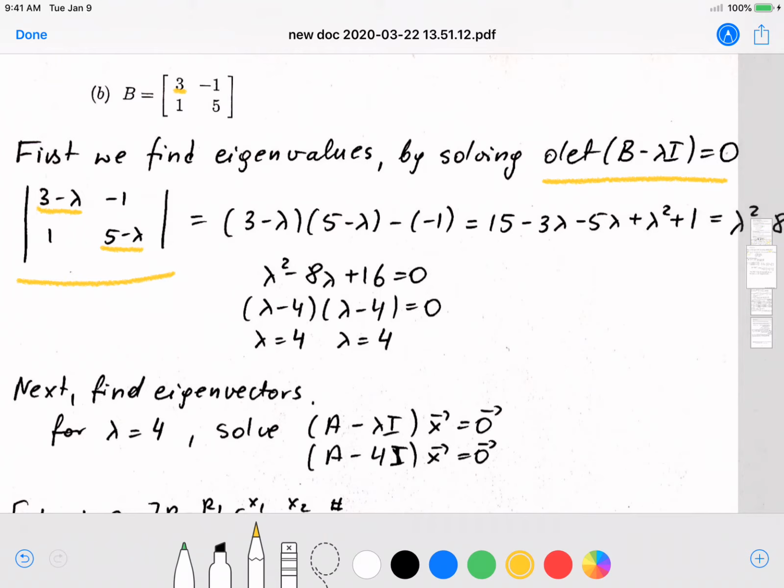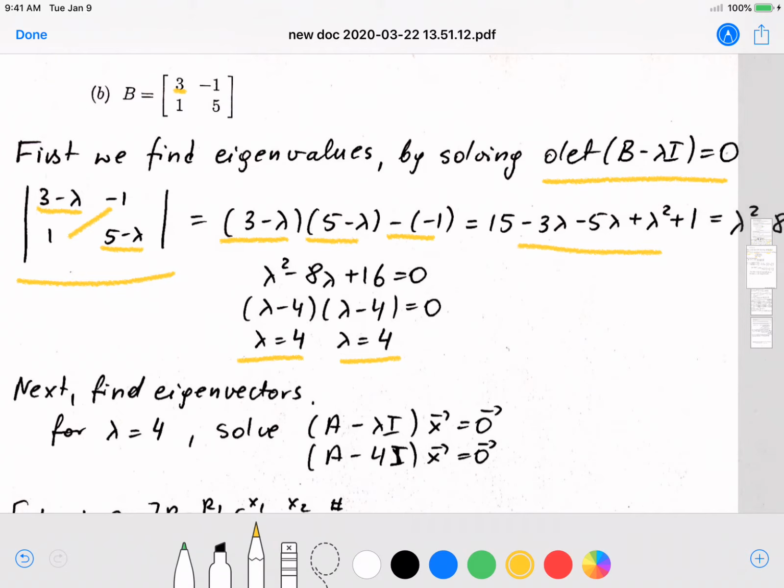Cross multiply 3 minus lambda times 5 minus lambda, minus the cross product of the other diagonal, so plus 1. Solve this equation, reduce it, and we get that the eigenvalue is 4.